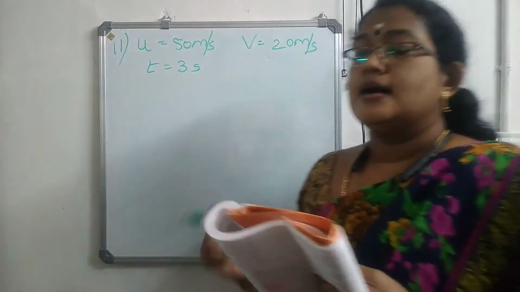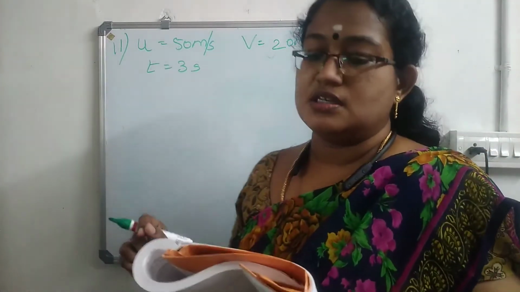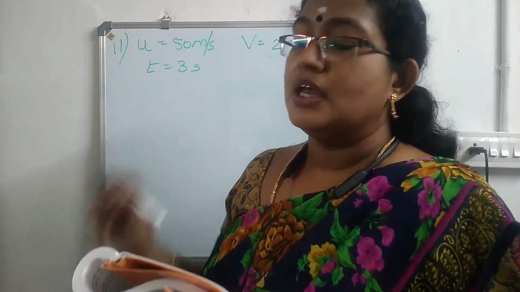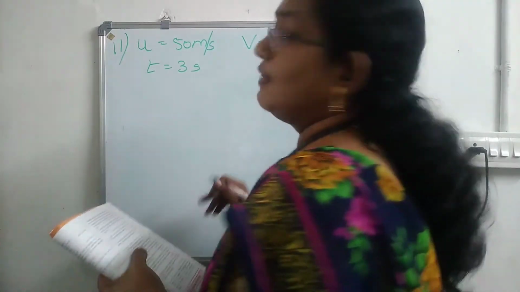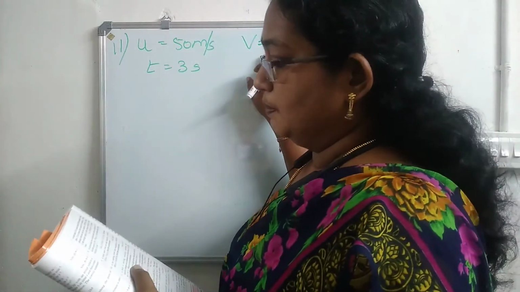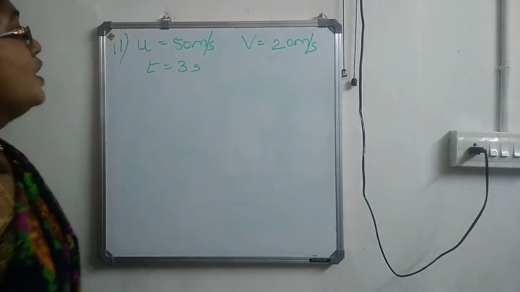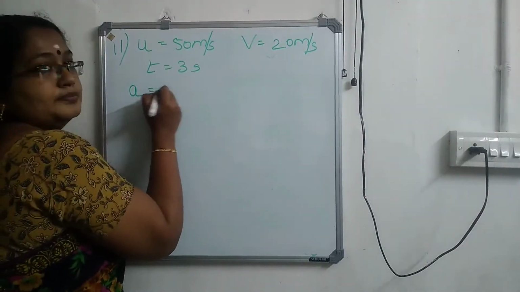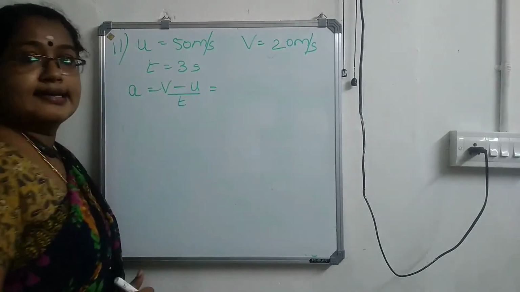So, I'll repeat. A body is moving vertically upwards. Its velocity changes at a constant rate from 50 meter per second. So, at first it was moving with a velocity 50 meter per second. So, u was 50. Then it became 20 meter per second and the time is 3 seconds. So, what is the acceleration? Acceleration is v minus u by t.